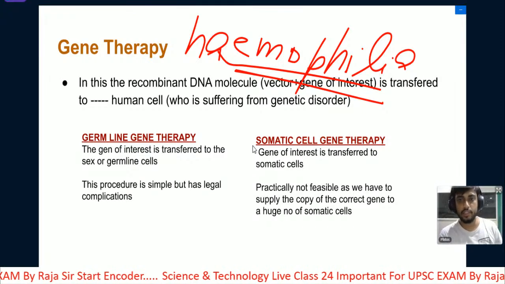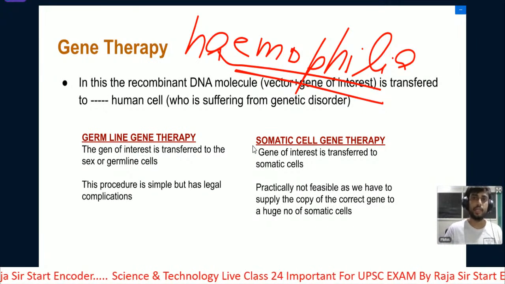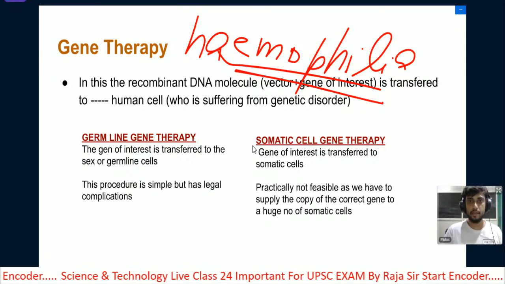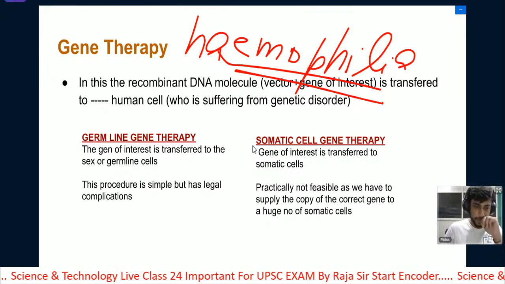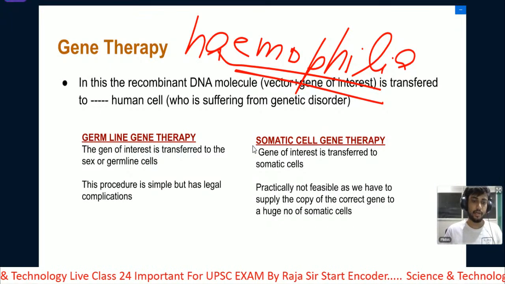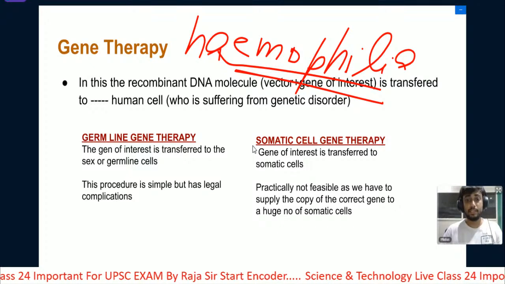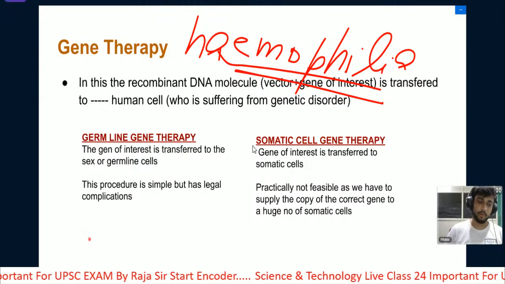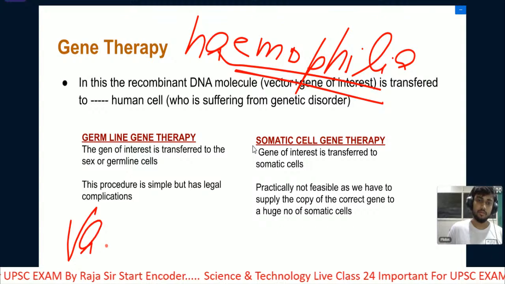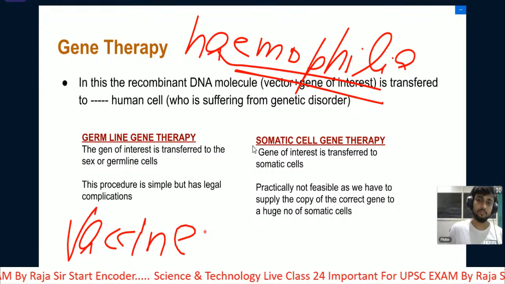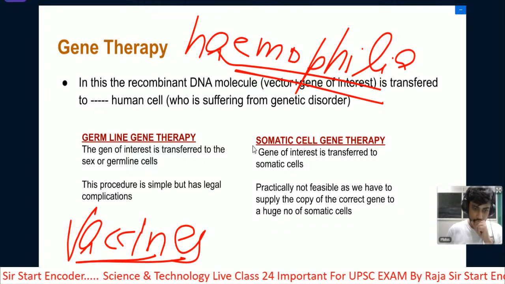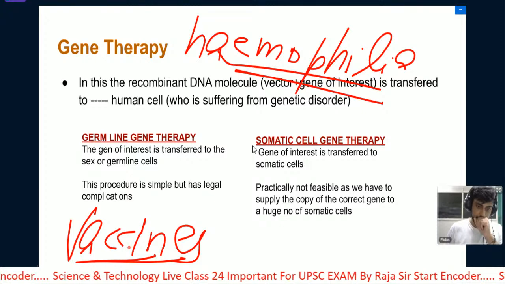Blood clotting deficiencies are related to hemophilia, and this is also a genetic disorder, and we can treat it using genetic engineering. Vaccines can also be produced from this rDNA.